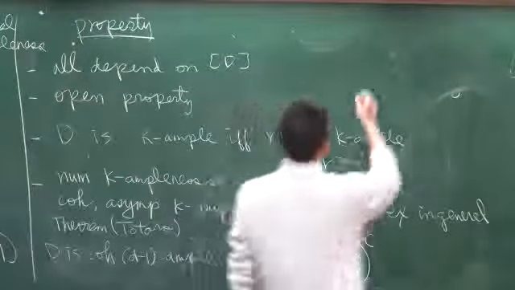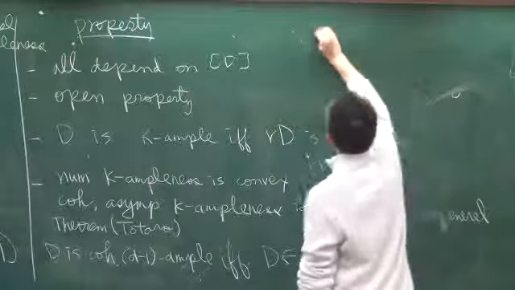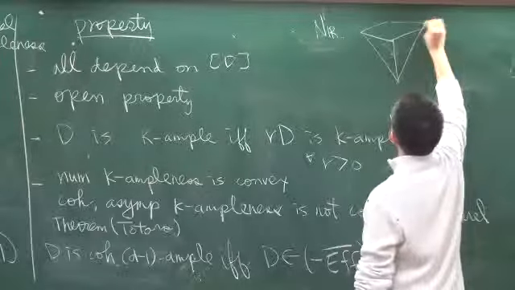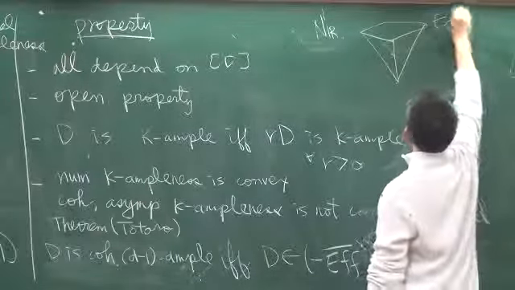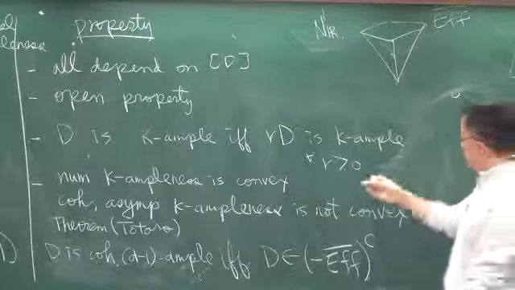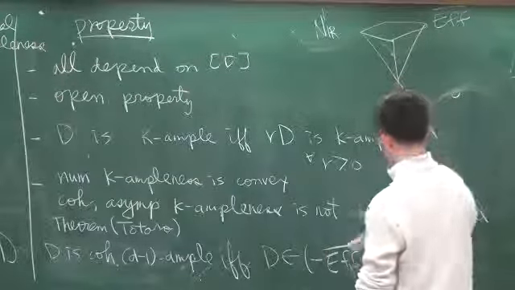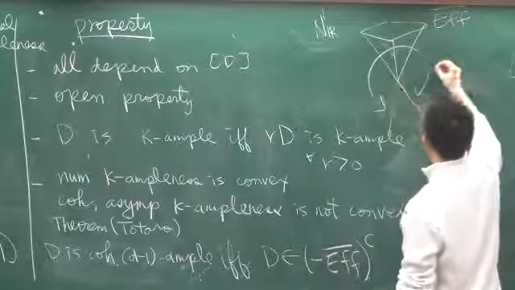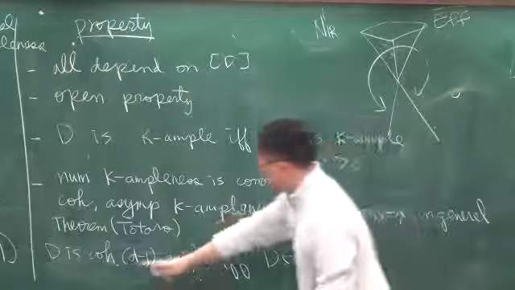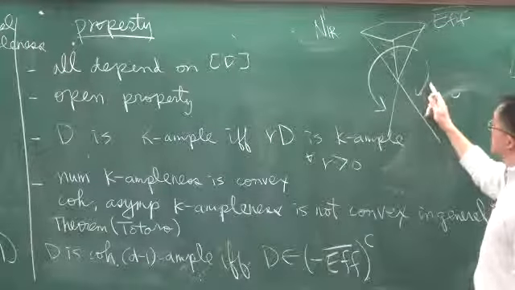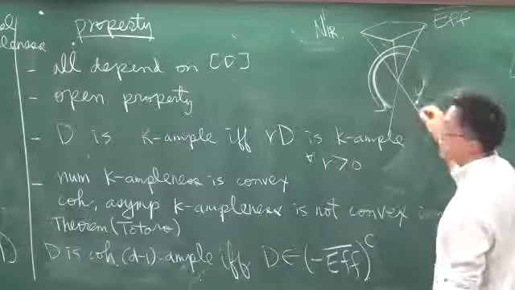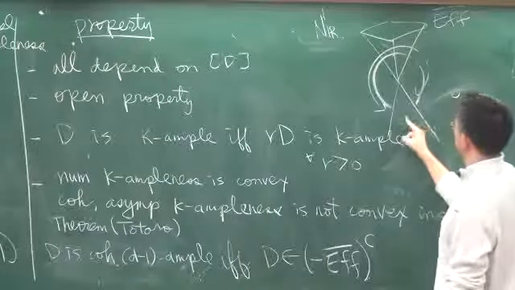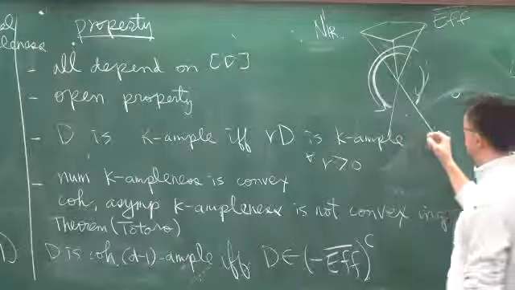So this means that in N1 the pseudo effective cone is strongly convex. So first you take the minus and you take the complement. So this part is the set of D minus 1 ample divisors. As you see here, it's already not convex. So if you add these two divisors, it's not D minus 1 ample.